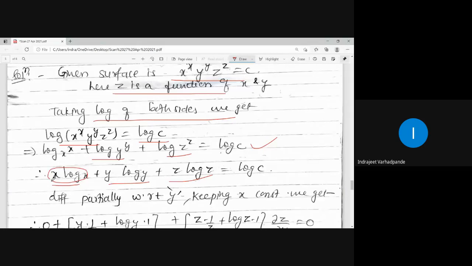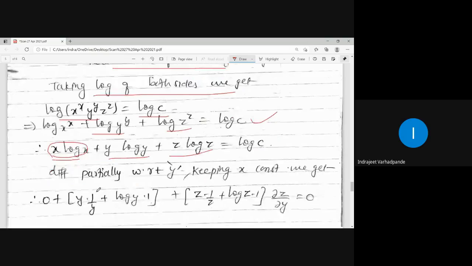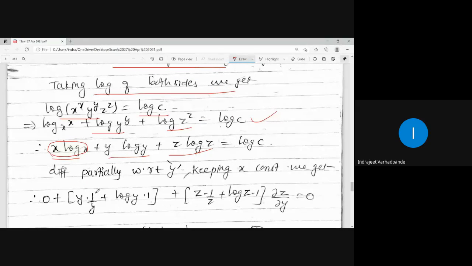Zero. Why? I have to differentiate partially with respect to y, keeping x constant. So this whole term is constant and the derivative of a constant is 0. Clear? Don't write, just pay attention to what I'm explaining.